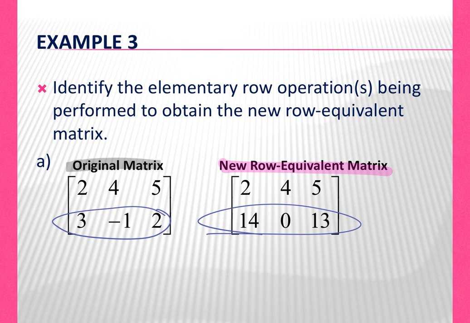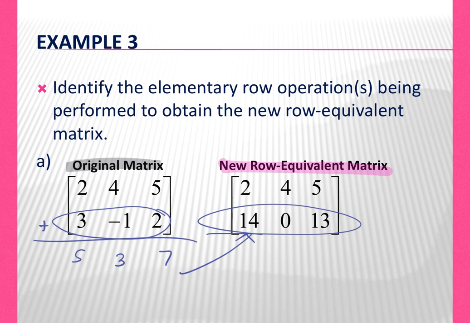That leaves the third option, which is either add them. If I added as they were, it would have been 5, 3, 7. That's not it. Or add a multiple of something. So did something change by multiplying by something and then add to the other one to get my new row? Can you see it? Stare at it for a little bit.